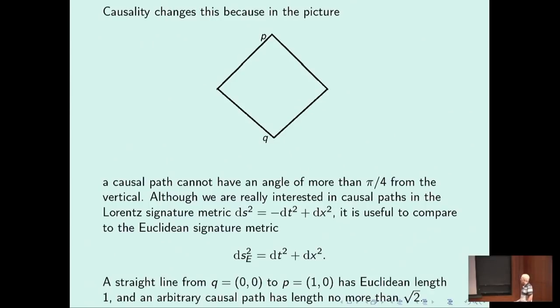Well, a straight line has Euclidean length 1 between these 2 points, but an arbitrary causal path has length no more than √2. The condition that the angle is never more than 45 degrees from the vertical ensures that the longest Euclidean path that's causal would go like this, and its length would be √2. It's not unique, but it's an example of the longest causal path.